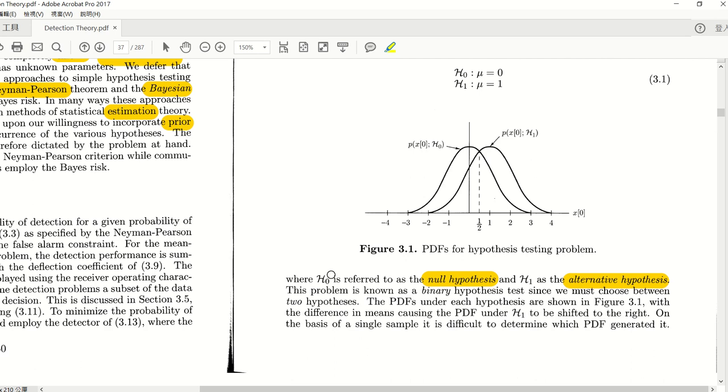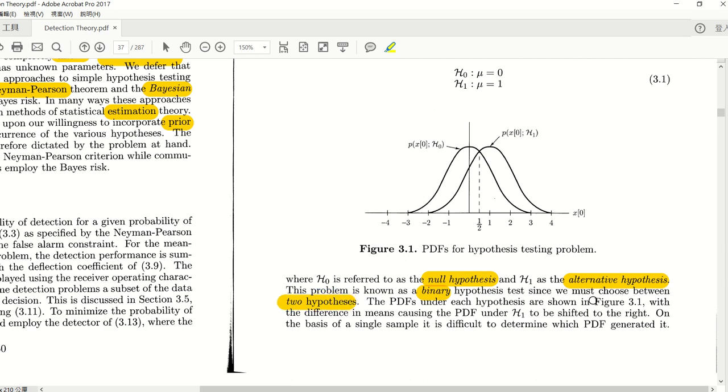So in digital communications, those names are not that important. The importance is you make a correct decision. That's more important than the names here. But statistically, there are some historical reasons, so people use the names null hypothesis and alternative hypothesis. So this is a binary hypothesis test, since we have to choose between two hypotheses.